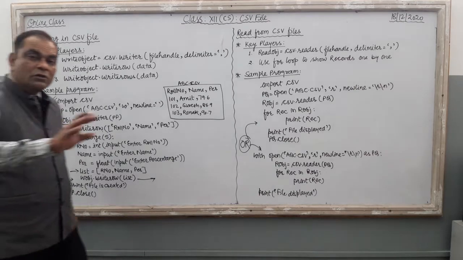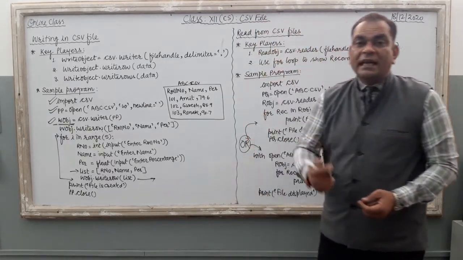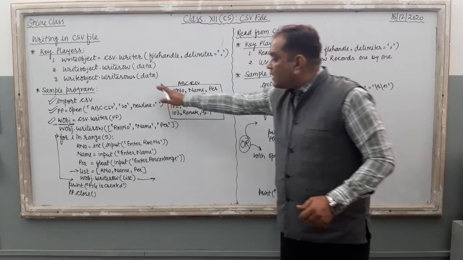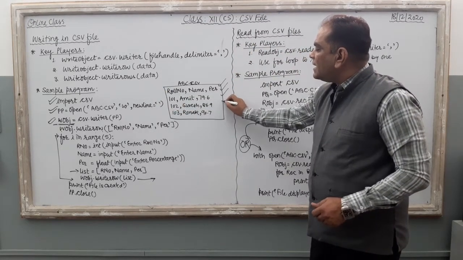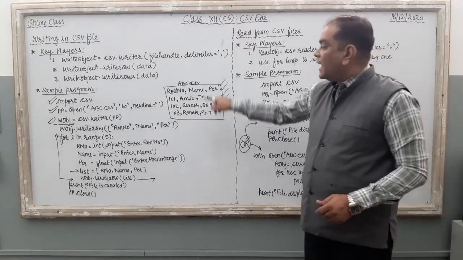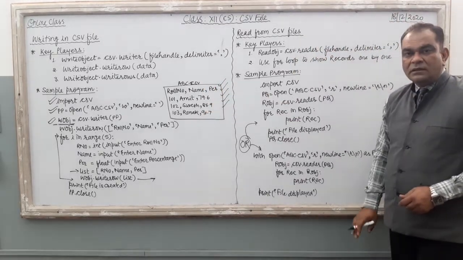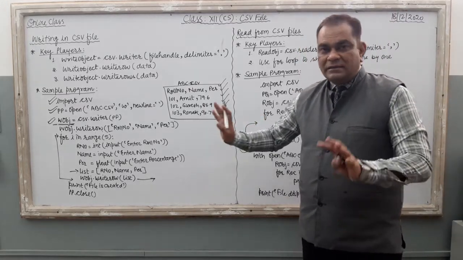When you close the file, at that time the computer is going to shift the data physically inside your file that is available on the hard disk. Now, after execution of this program, you just see this data is available in your abc.csv file in this format. I hope the right method, the right concept is clear in your mind.